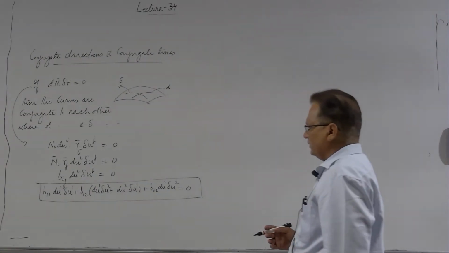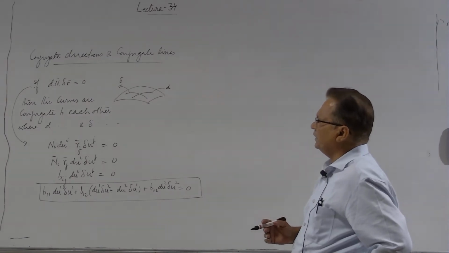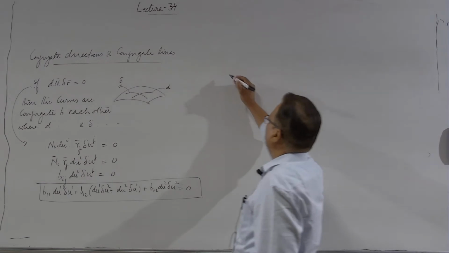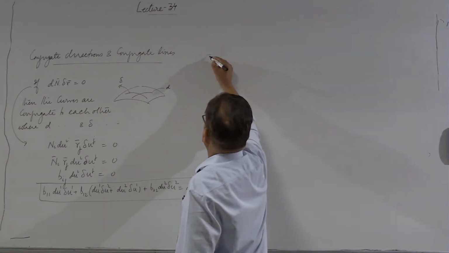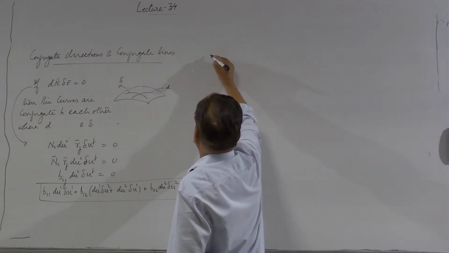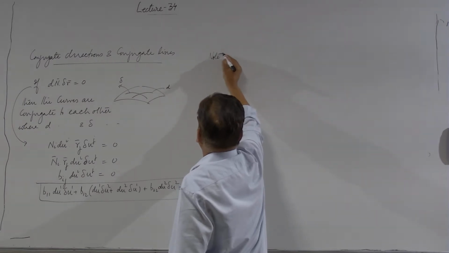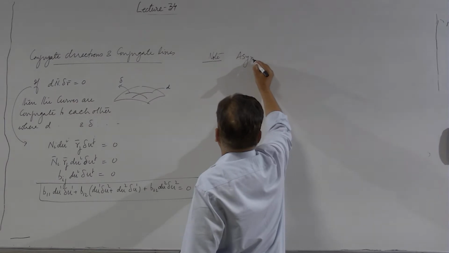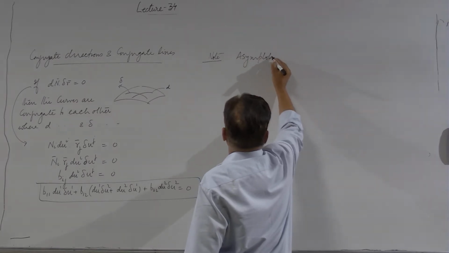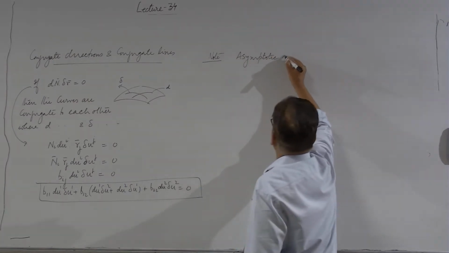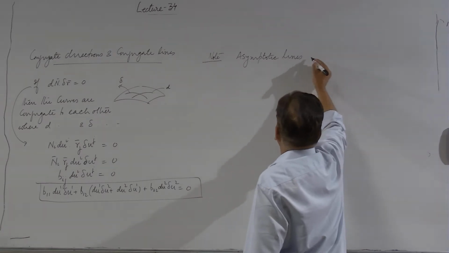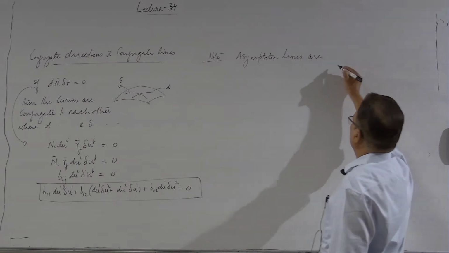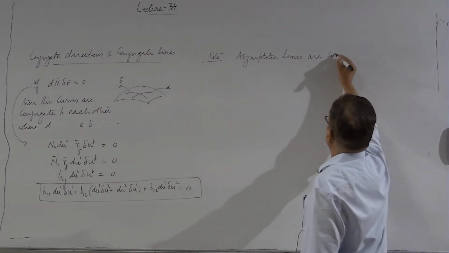And this condition is similar to the condition of asymptotic lines. So, what follows from here is a note in fact. You can note it down that asymptotic lines are conjugate to themselves, or they are self conjugate.